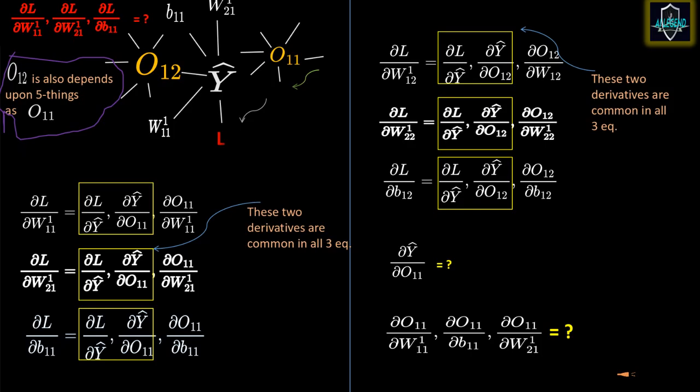Right, then del L over del W12 is equal to del L over del y hat multiplied by del y hat over del O12, then multiplied by del O12 over del W12. Then what is the bias here? Del L over del B12 is equal to del L over del y hat multiplied by del y hat over del O12 multiplied by del O12 over del B12.